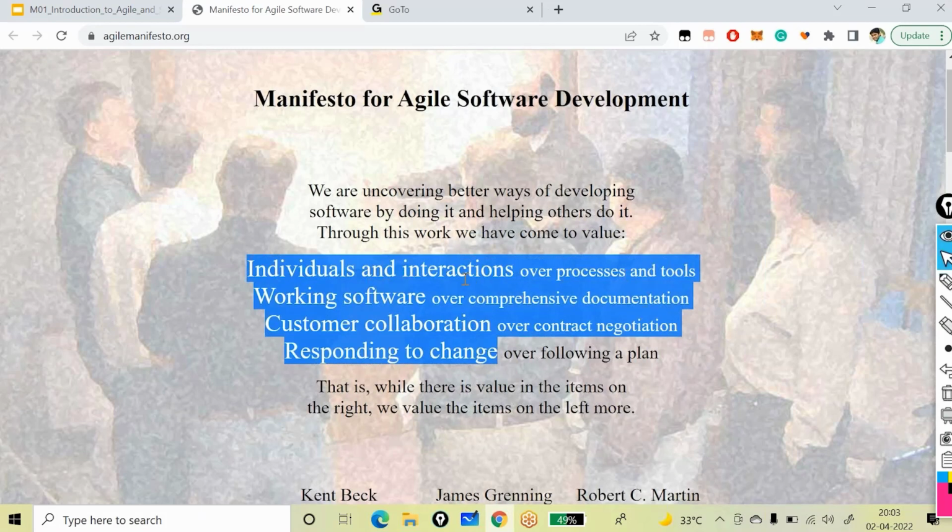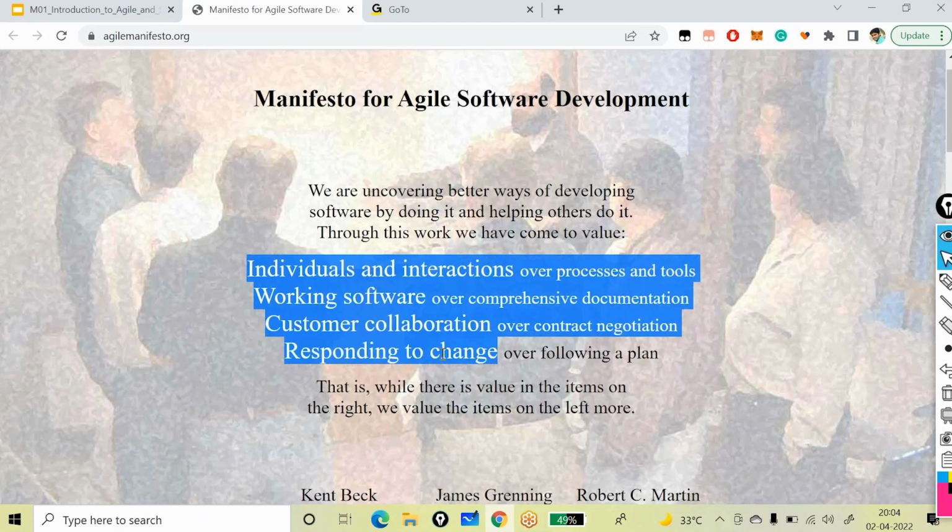So individual interactions are very important in order to get a lot of information. Working software is another important thing which is required for us to understand the prototype. Customer collaboration is to satisfy the customer, and responding to change means being flexible. Whenever we want to change or adapt anything, we should respond to change very quickly rather than following a plan like the waterfall approach.